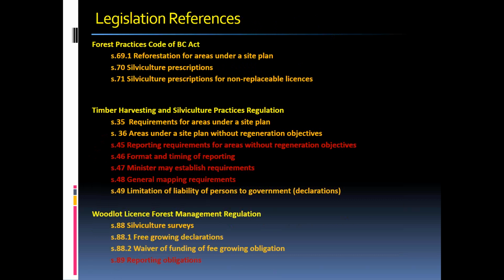And while there are no woodlot holders in this particular session, they also have regulations that speak to the content requirements of what they have to supply to Crown, and the frequency of when they have to report, and also information about declarations, and that's under their regulations for the woodlots.